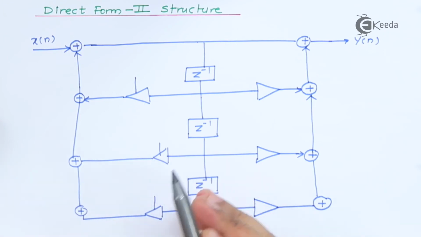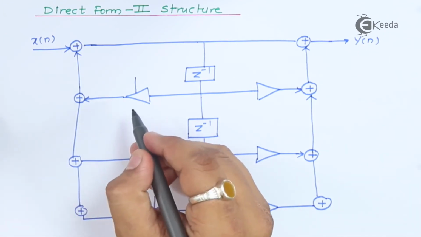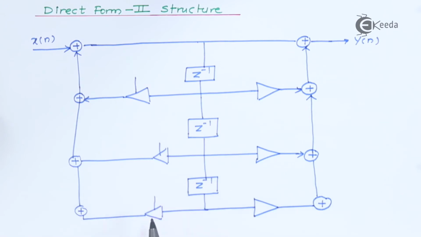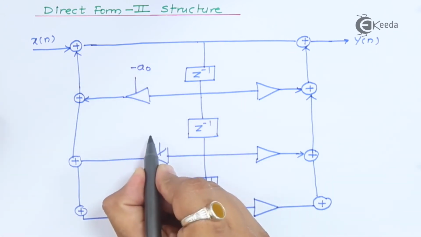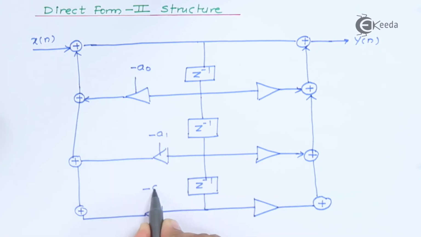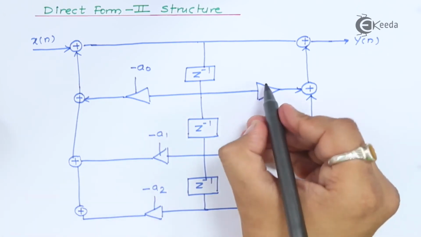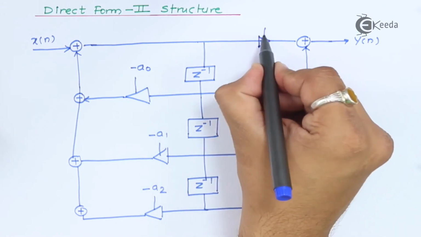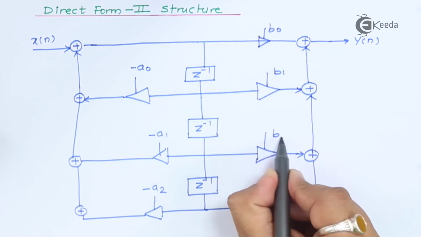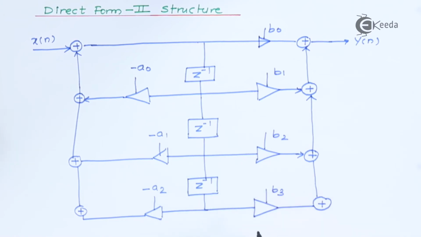But in direct form 2 we'll always multiply the left hand side buffers by the values of a, like a0, a1 and a2, and on the right hand side we'll place the values of b. So this is all about the direct form 2 structure.